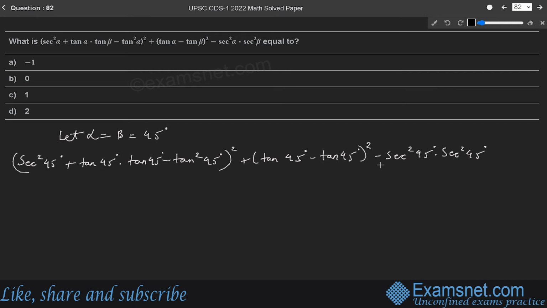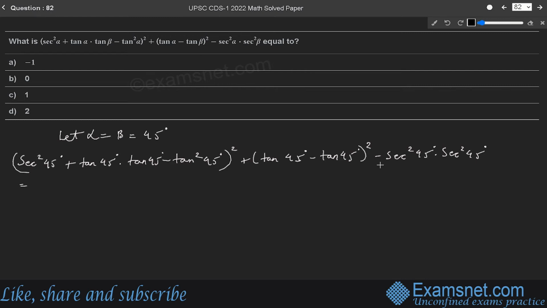Remember that we can take any values except 90 because we know that tan 90 is infinity.